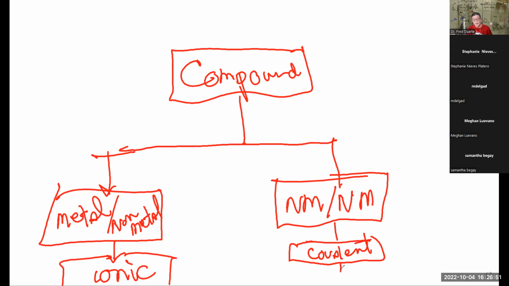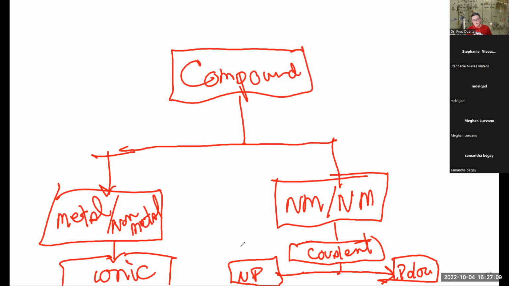Under covalent, I have either a polar bond or a non-polar bond or compound. This scenario is an AA scenario or carbon-hydrogen. The other scenario is an AB scenario, where you have two dissimilar elements.